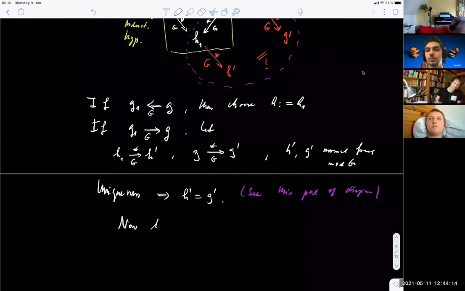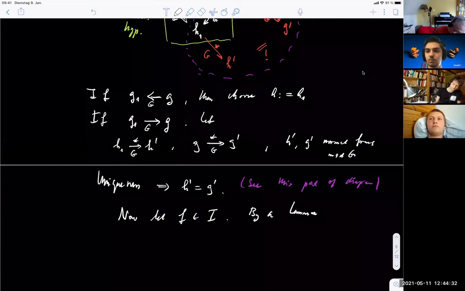So now let F be in I. I want to show that I can reduce F to 0. By a lemma, I don't number the lemmas, which is maybe a little bit unfortunate, but I will explain what it means.